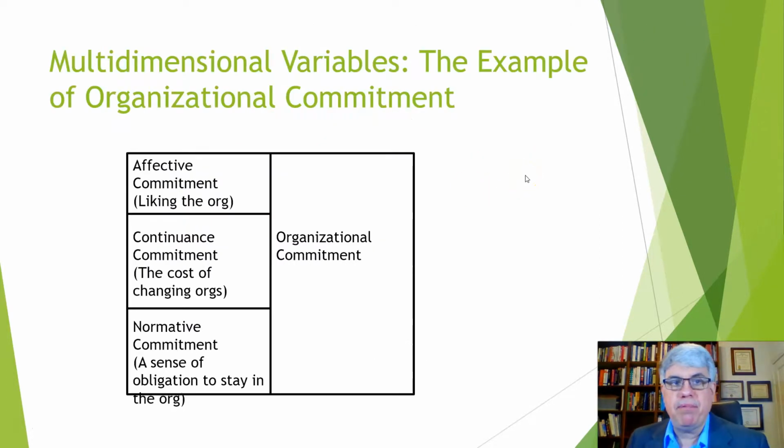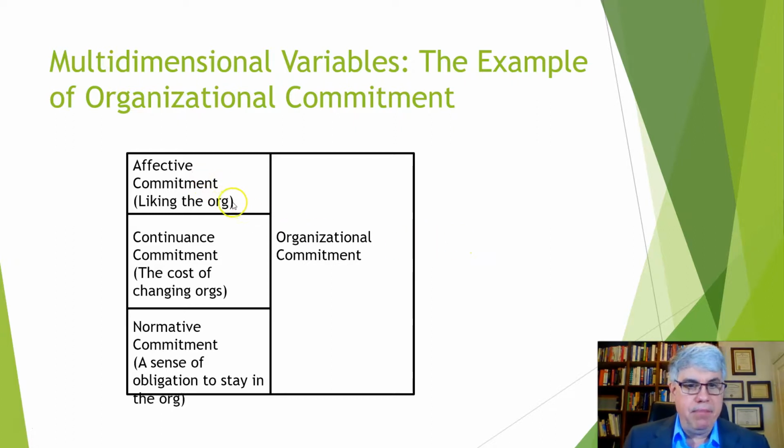Now, the last type of variable I want to look at is a multidimensional variable. Let's take the example of organizational commitment. We've been talking about organizational commitment in this model, but the most common model of organizational commitment used in org psych is Allen and Meyer's threefold model, where there are 3 dimensions of commitment.